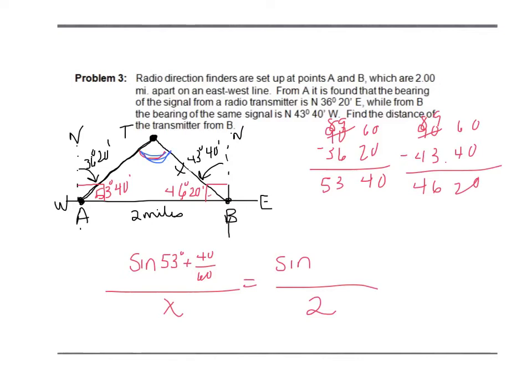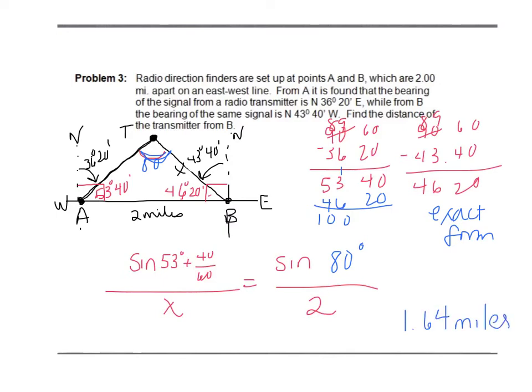Okay, so 53 40 and 46 20, that's 60, add 1, 0, that's 100. So this is just 80 degrees. So leave it in exact form. Okay, and the answer is 1.64 miles.